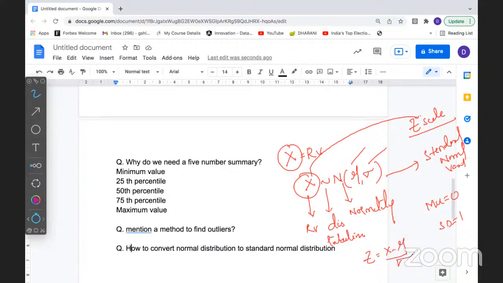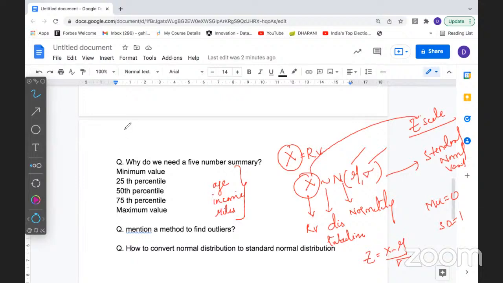And the question arises, why do you want to convert a random variable into a standard normal variable? Because X can take any input. We want one particular standard distribution to compare any random variable with one standard. X could be age, income, miles, anything.